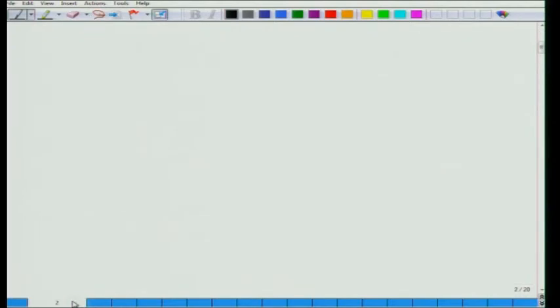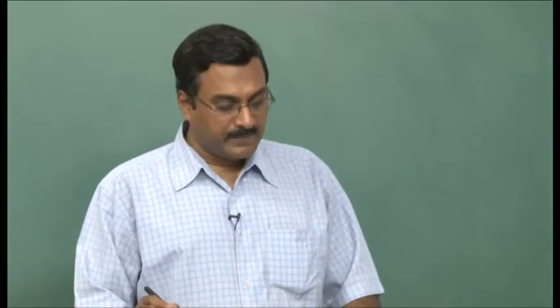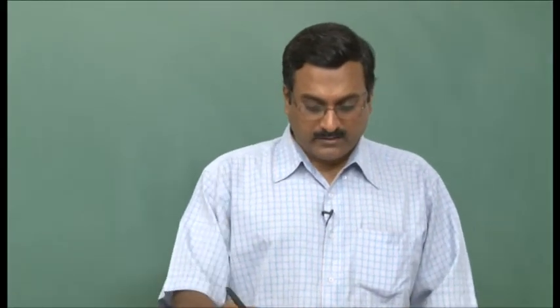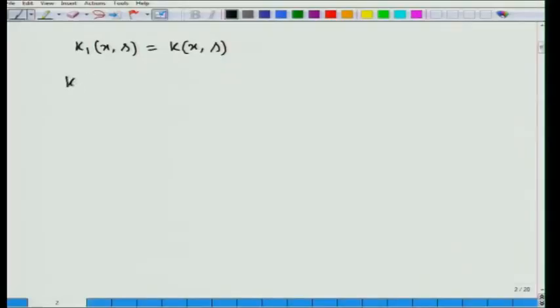Now, if we define k 1 x comma s as k x s, same as we have done in case of Volterra integral equations, therefore k 2 x comma s can be defined by integral a to b k of x comma s 1, then k s 1 comma s d s 1.